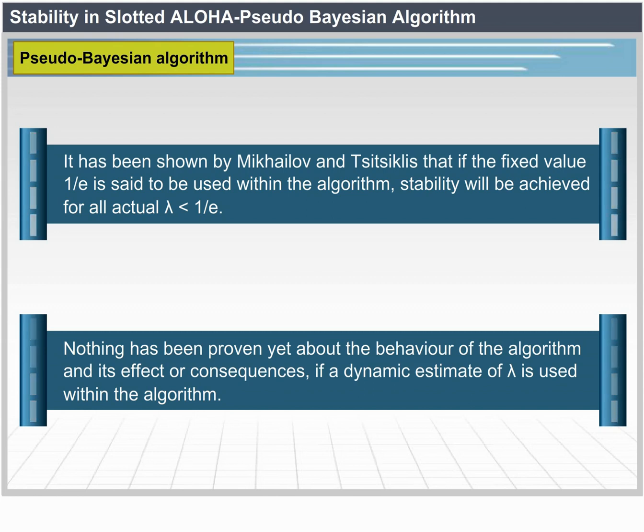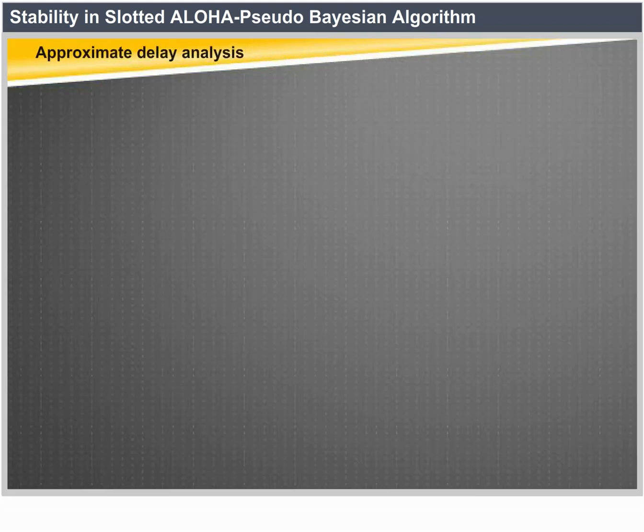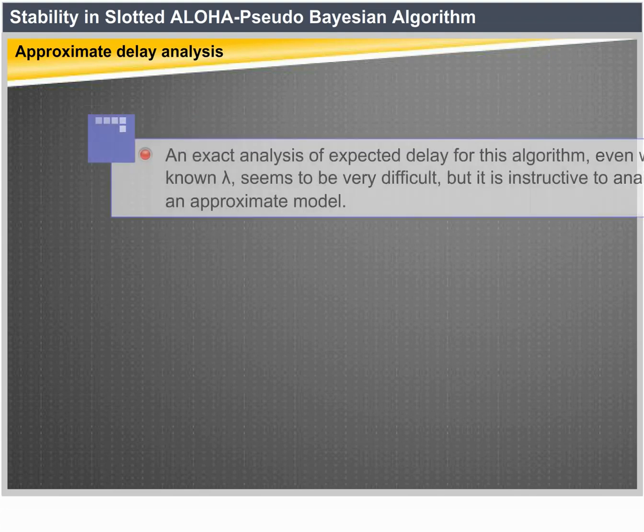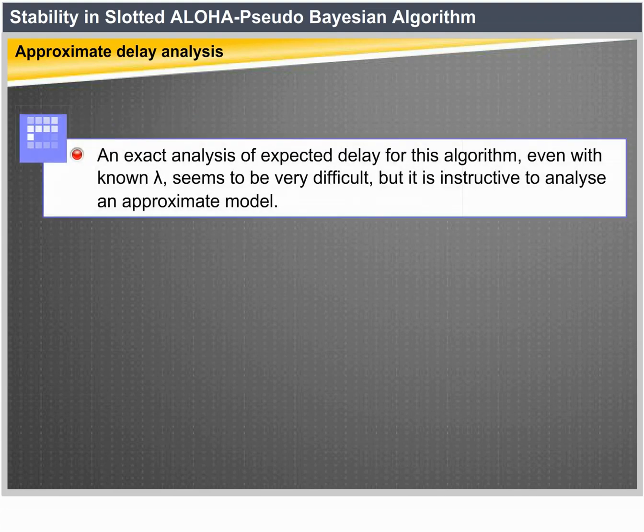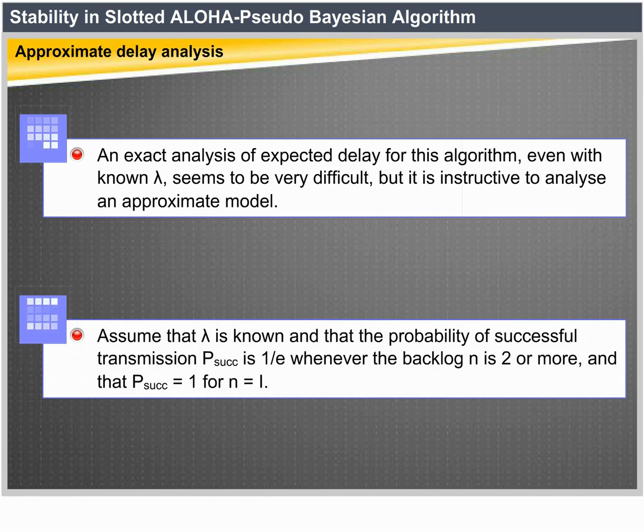Approximate delay analysis. An exact analysis of expected delay for this algorithm, even with known λ, appears to be very difficult, but it is instructive to analyze an approximate model. Assume that λ is known and that the probability of successful transmission, P_success, is 1/e whenever the backlog n is 2 or more, and that P_success is equal to 1 for n equal to 1.